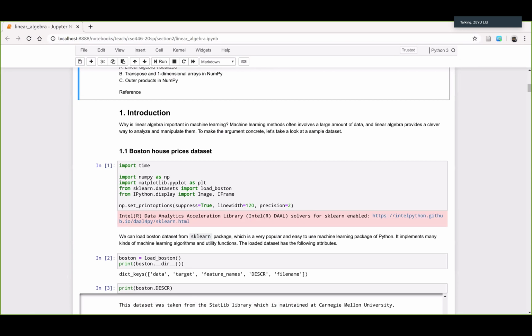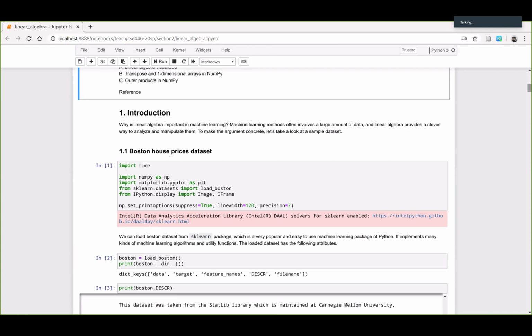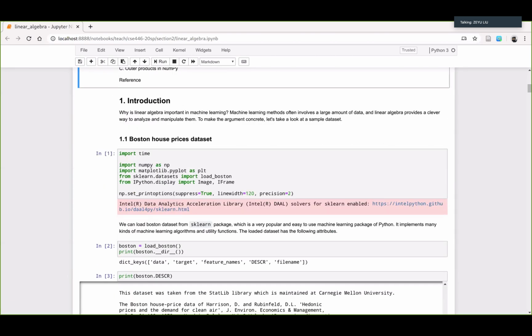So one note is that you will be able to find the material and also these notebooks on the website, but there are some caveats. In this notebook we will try to show images, but those images haven't been uploaded to the website, so they will be uploaded very soon. And once it's uploaded, you can download it and then play with it.